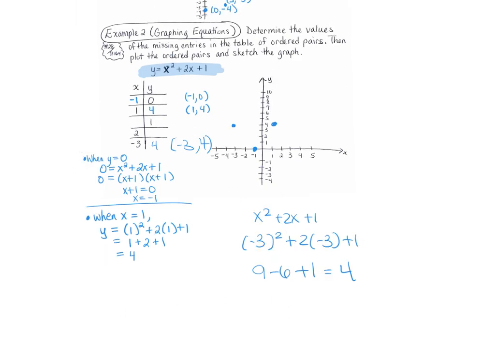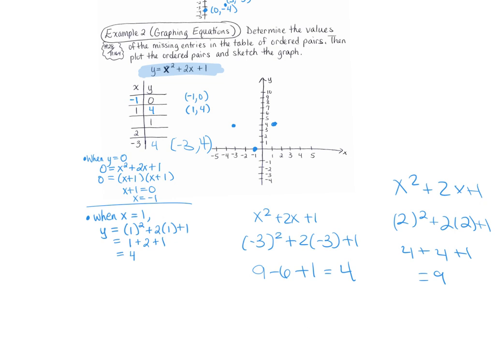Yeah. I'm going to do 2. I'm going to write x squared plus 2x plus 1, and then I'm going to plug in 2 for the x's. 2 squared is 4, plus 2 times 2 is 4, plus 1 equals 9.